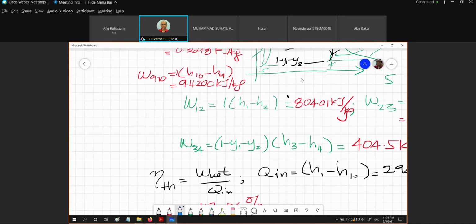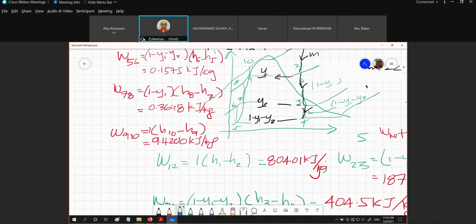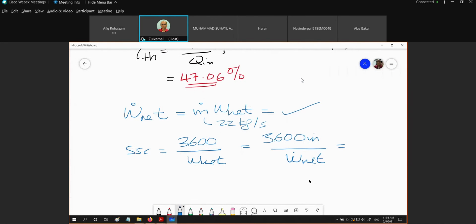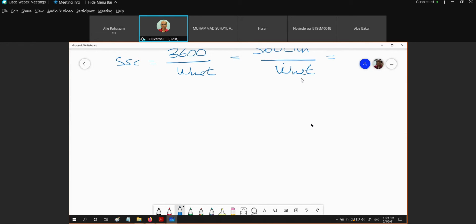And then the next thing that we could have is the amount of flow rate for each component. The interest is to get the mass flow rate for each component. The first component is the boiler.